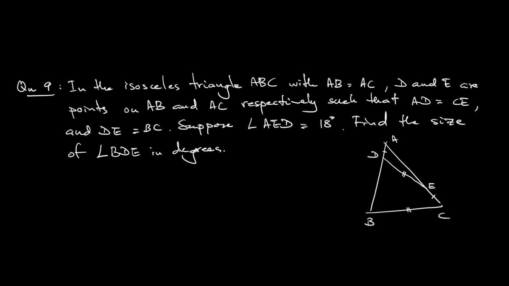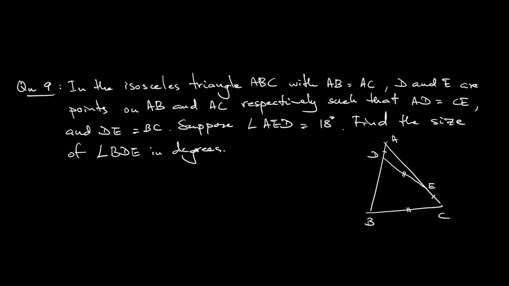Next, question 9 is a geometry question. ABC is an isosceles triangle with AB equal to AC. D and E are points on AB and AC respectively. You can refer to the diagram, such that the length of AD is equal to CE, as well as DE also needs to equal BC.